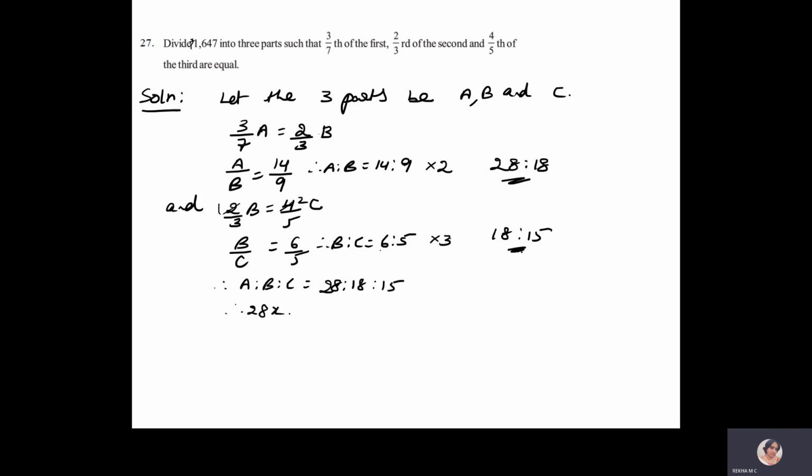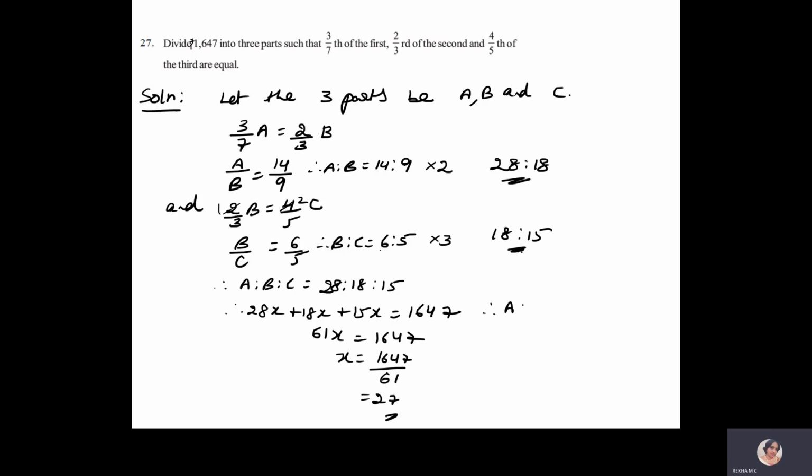Therefore, 28x plus 18x plus 15x is equal to 1647. So 61x total is equal to 1647. X is equal to 1647 divided by 61, that is equal to 27.